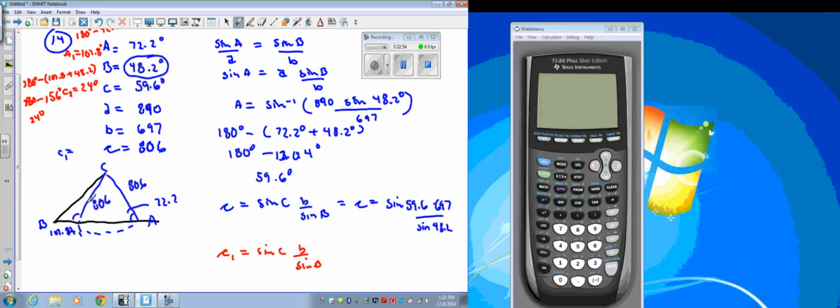This length and this length don't change. So then this is going to be the sine of 24 degrees, and then it's B, which is 697, over sine of 48.2.